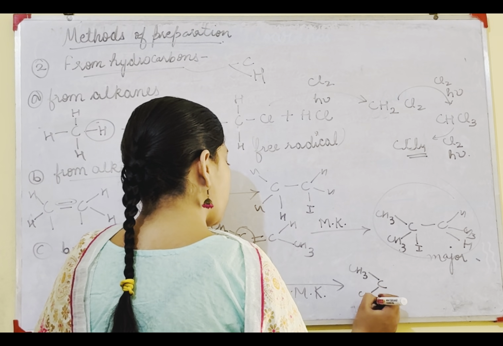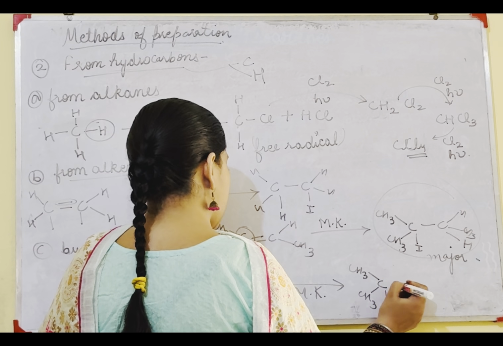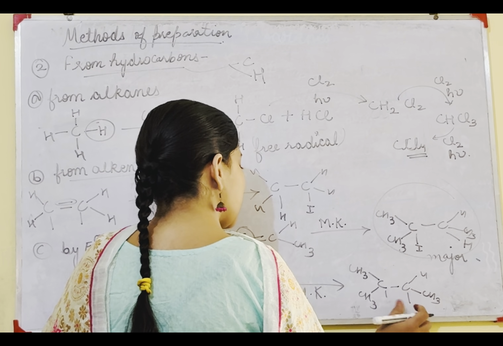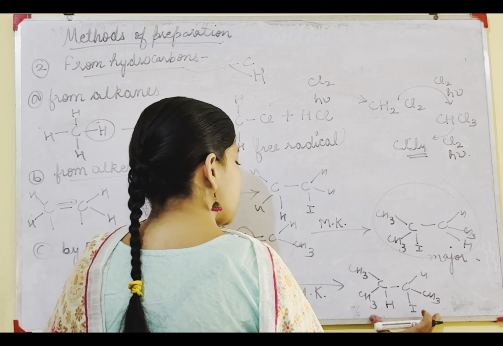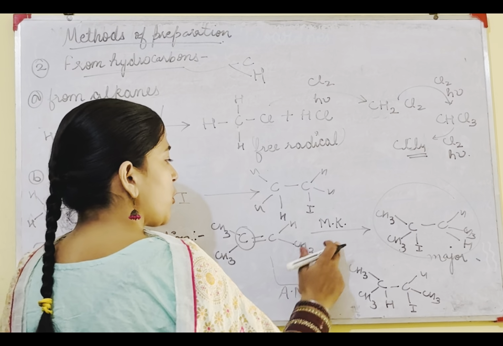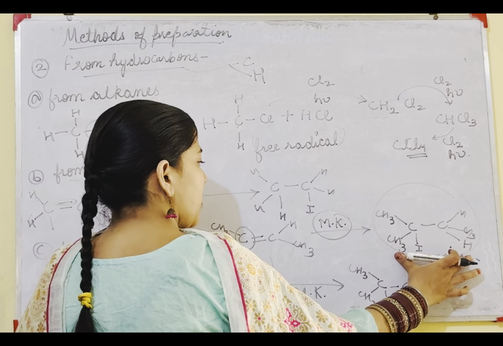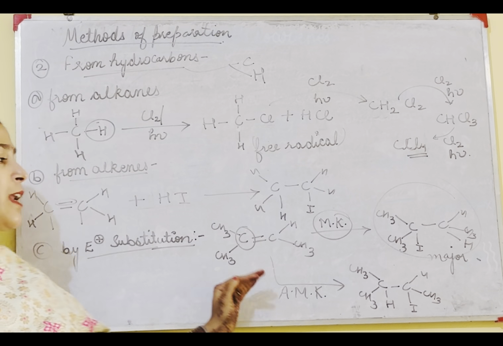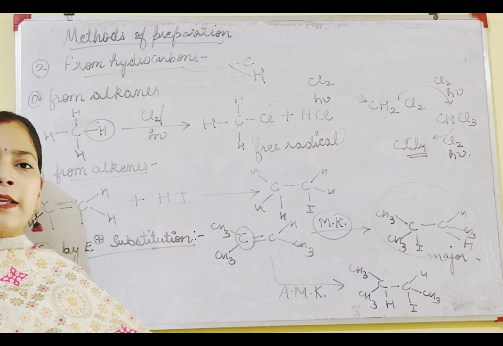In this case both products will form, but the major product will be that which is less substituted. This will be its major product and this will be its minor product. If we talk about Markovnikov, this will be the major and this will be the minor. So this is the preparation of alkyl halide from alkenes.